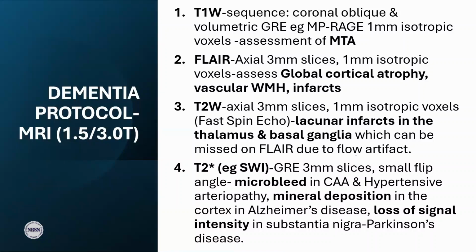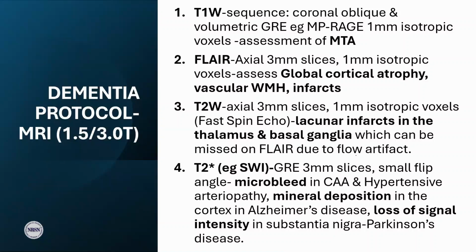studies have been able to generate a near normal or acceptable protocol for imaging dementia. Now, first of all, dementia using MRI protocol should be imaged with a 1.5 or 3.0 Tesla machine.